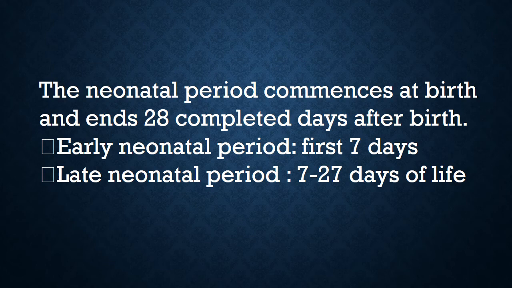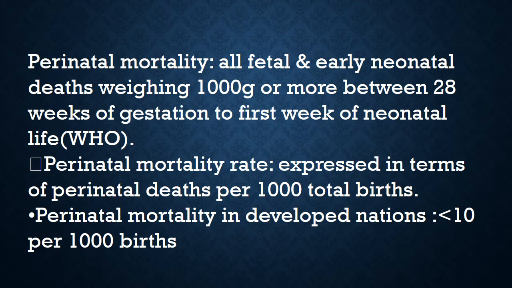You have to know these terms very well because there are very specific ratios and rates regarding each. So the perinatal mortality is all fetal and early neonatal deaths weighing 1 kilogram or more between 28 weeks of gestation to the first week of neonatal life. That's according to the WHO.